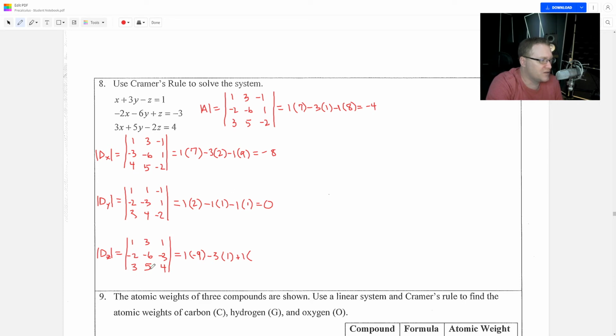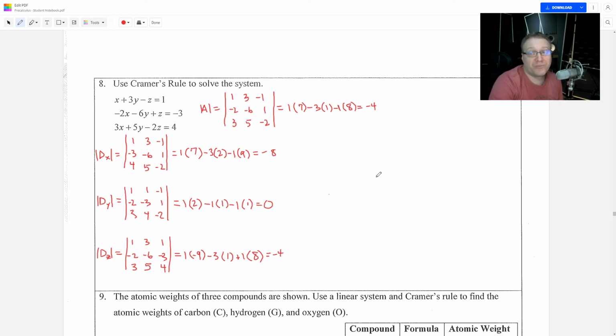So negative 2 times 5 is negative 10. Negative 6 times 3 is negative 18. So negative 10 minus negative 18 is negative 10 plus 18, which is positive 8. So we're going to have minus 9 minus 3, which is negative 12, plus 8. So it's going to be minus 4, I believe. Yeah, minus 4. Okay, so we have found all the determinants.